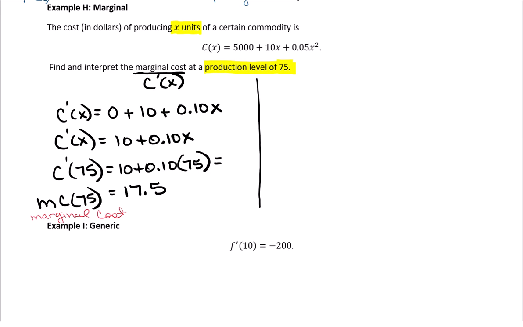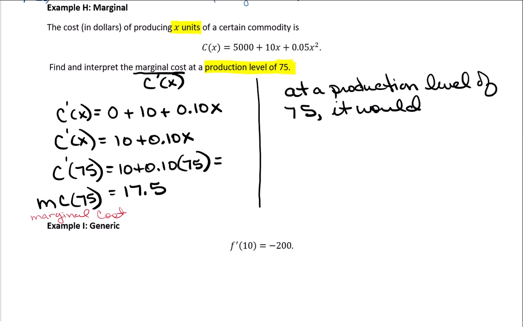So to interpret this, we need our time frame. Well, in this case, we're not actually talking about time, but we're talking about when. We are producing 75 units. So we would say at a production level of 75, it would cost $17.50. Keep in mind, we got 17.5.